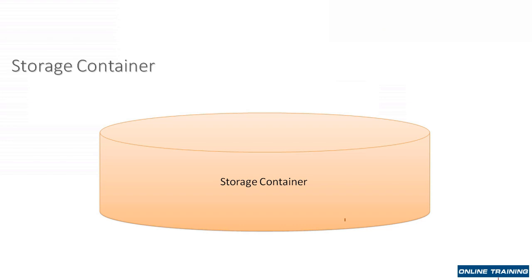So do data stores still exist? Technically, yes, they do. But the data store is purely there for functions like high availability and things like that. What really is going on now is we've got this one big storage container on the storage array, and the storage array has visibility to all of the individual virtual machine objects that are contained within that storage container.